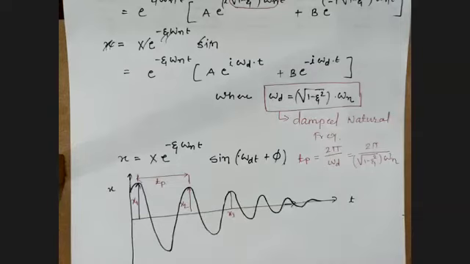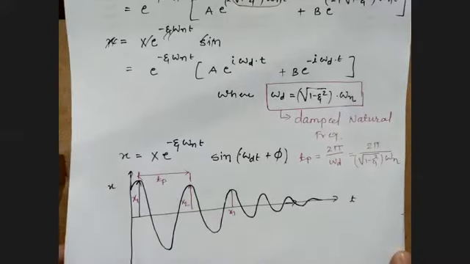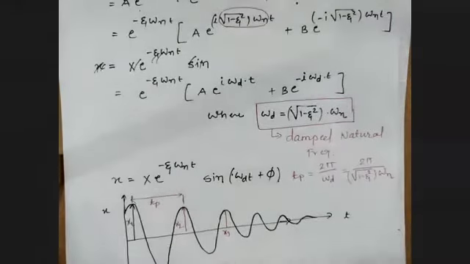Only the underdamped system is introduced in a mechanical vibration system as a damper, which is used to retard the motion. This is the only case we generally prefer in mechanical systems to resist and retard the motion. Now, what we are going to learn today is a new term called logarithmic decrement.